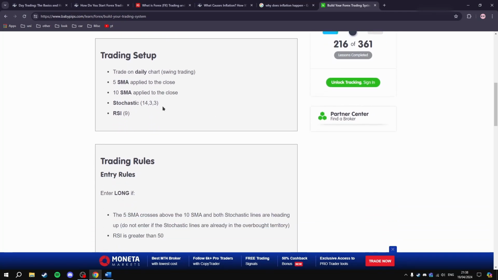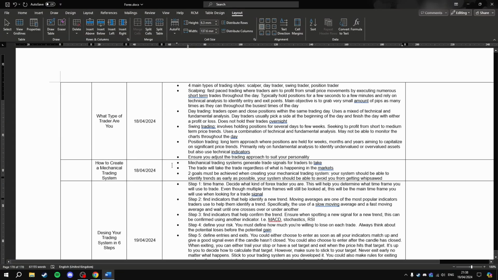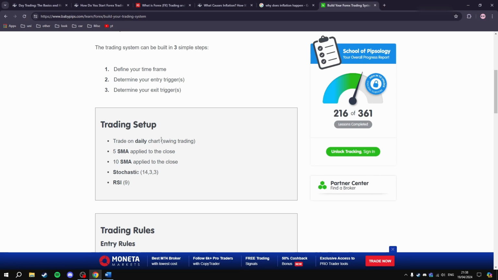Trading setup. Trade on a daily chart, swing trading. 5 simple moving average applied to the close, 10 simple moving average applied to the close, stochastic 14 3 3, RSI 9. So this is the trading setup. We've got the time frame, which is swing trading.